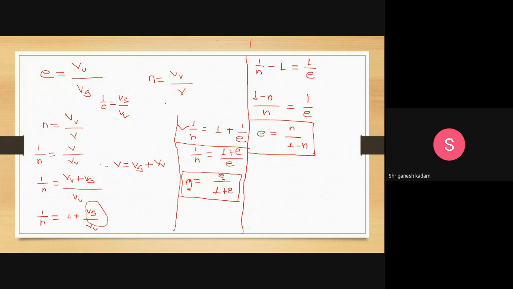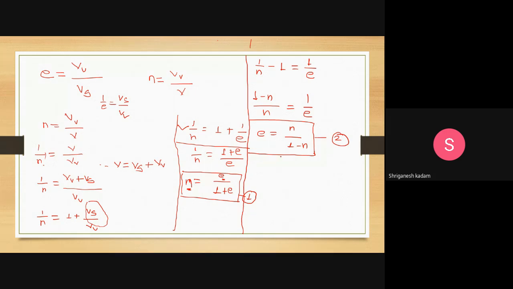Now we know the porosity N is nothing but E upon 1 plus E, and E means void ratio, it is N upon 1 minus N. Consider this is equation 1, this is equation 2.